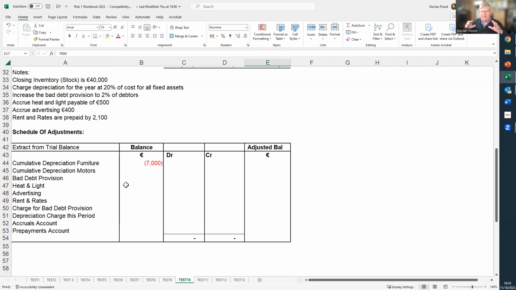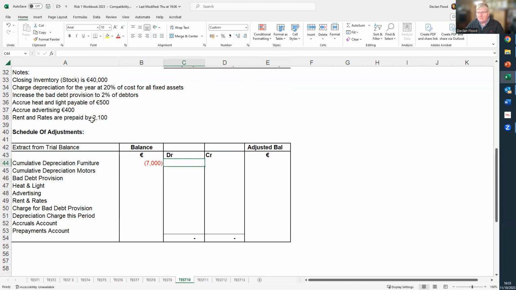But when we're looking at producing this year's accounts, then I have to include my cumulative depreciation, but I also have to see how much did my fixed assets depreciate this year. And that's where I get the notes. And it says charge depreciation this year at 20% of cost for all fixed assets. So that's the first thing that I have to do.